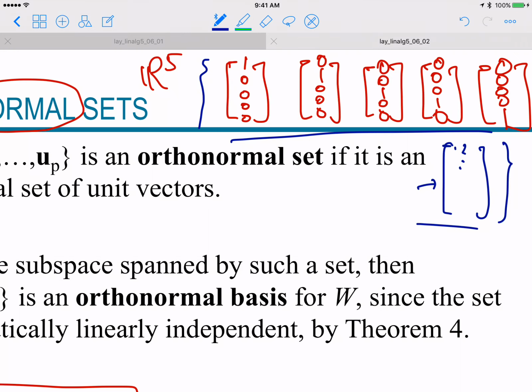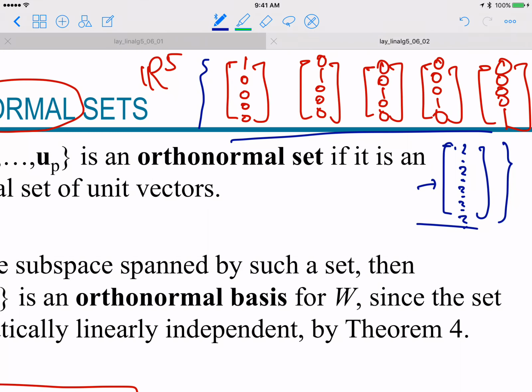This vector is also a 5-dimensional vector. In this case, is this an orthogonal set? There will be free variables. Yes, that's the correct answer.